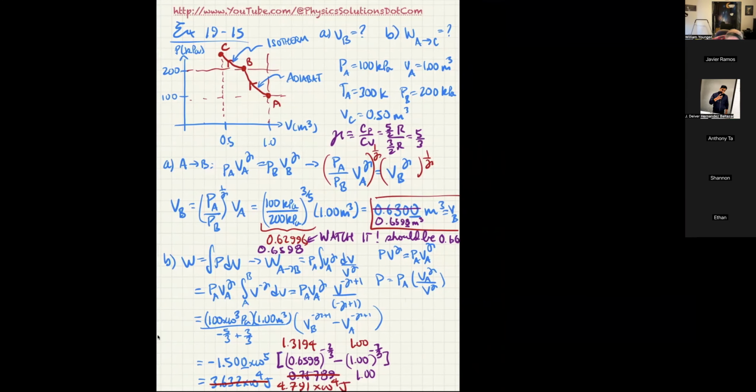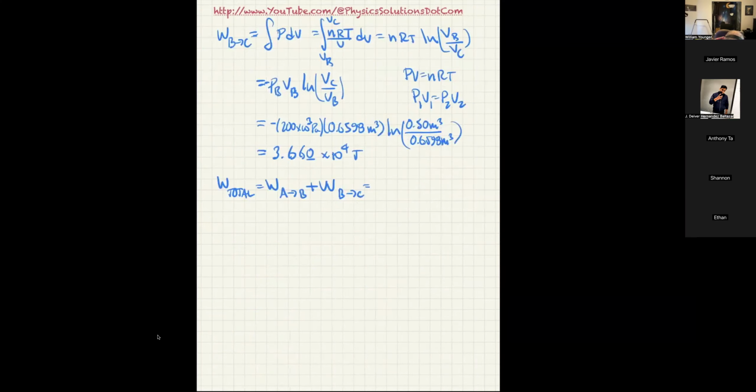So that's basically 47 kilojoules plus 37 kilojoules. And that gives us, of course, 47 plus 37 is 84 kilojoules equals work total.